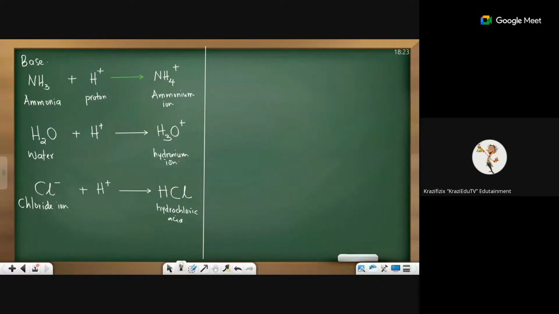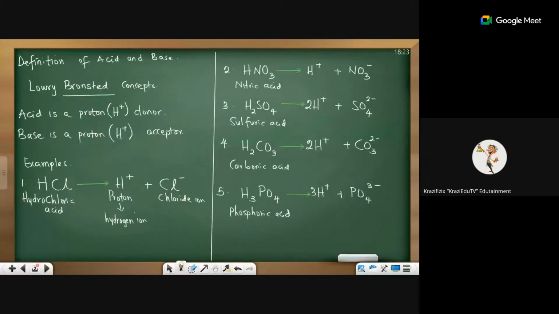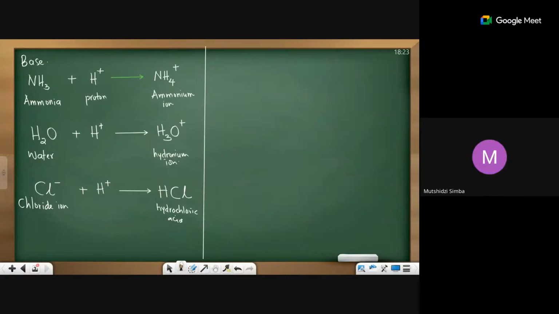If something donates a hydrogen ion, that hydrogen ion is what we call a proton. Okay, so let's look at our second definition. Talk to me. Simba, your hand is up. I already got it.